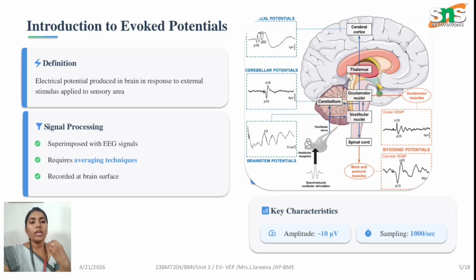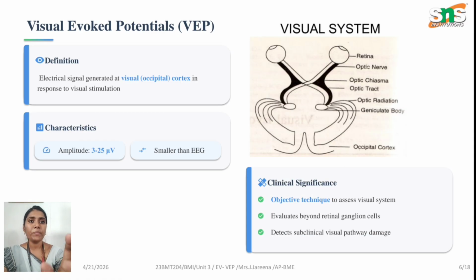When we apply any stimulus there, the potential produced in response is called electric potential. That potential is nothing but evoked potential. This potential is very important to read, analyze or diagnose any problem related to the sensory area. So now we'll move on to the visually evoked potential.